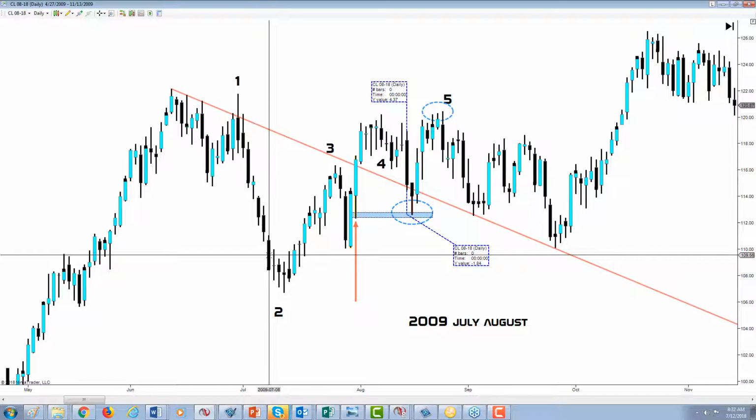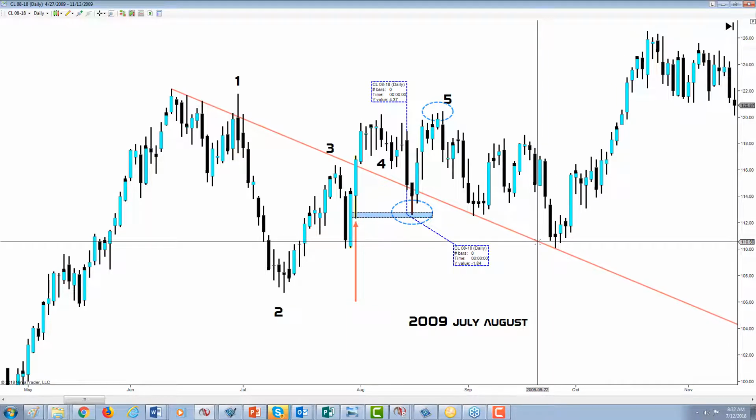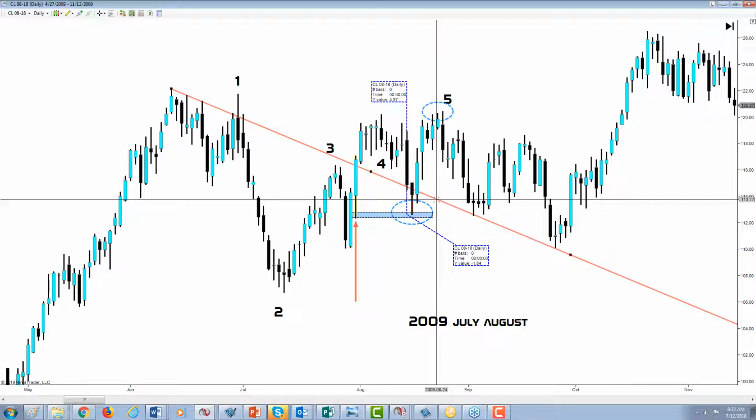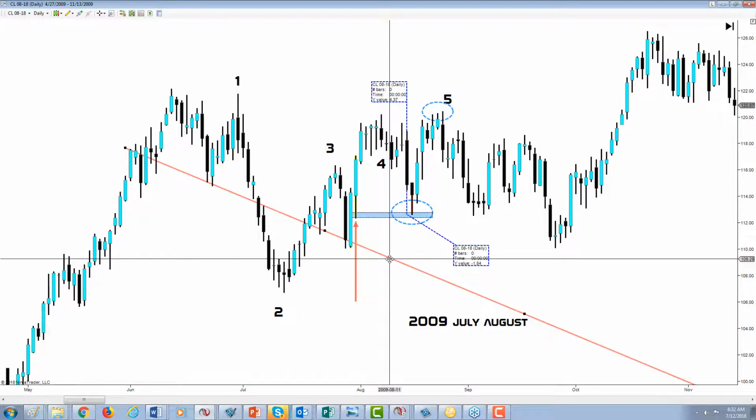So here we have 1 high, 2 high, 3 high, 4 high, 1 low, 2 low. It's in the ballpark. Pretty damn close. So I'm just going to move that line around and I'm going to look, Gary, for multiple hits.